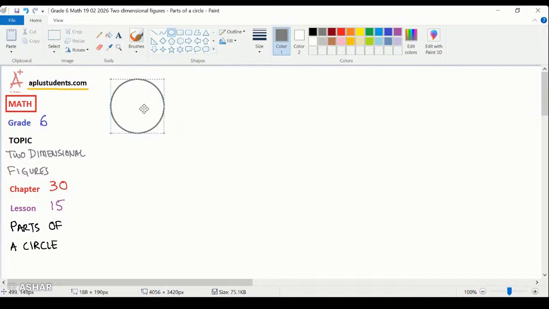If we have a circle, this is the center of the circle. The outer ring of the circle is known as the circumference.